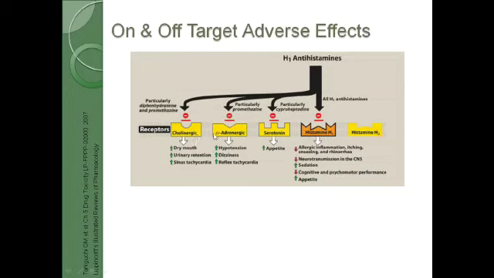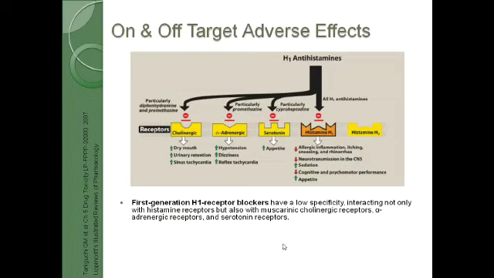Cholinergic receptors, alpha adrenergic receptors, serotonergic receptors, and histamine receptors. So these drugs have a low specificity, interacting not only with histamine receptors but also with other receptors. But let's explain on-target intended tissue effects.